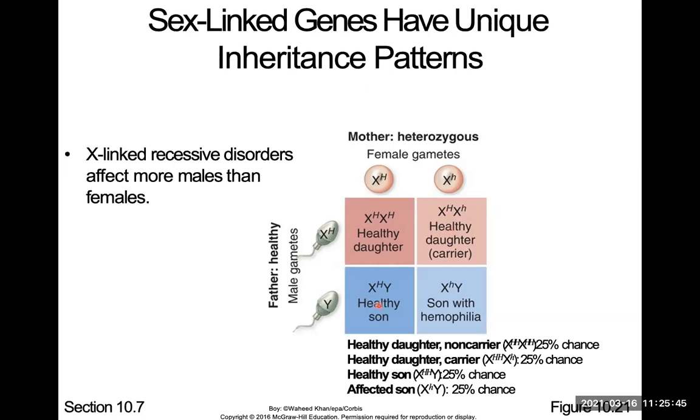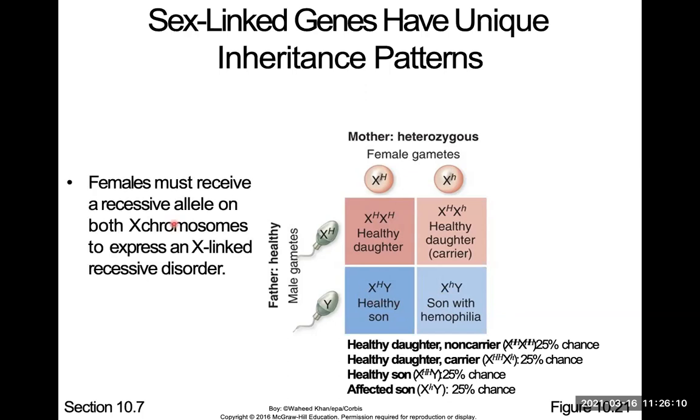Here, you have a 25% chance the son is going to be healthy, and 25% the son is going to be sick. When I say 25, I'm comparing all daughters and sons. Sometimes if the question is asking what the chances are that the son is going to be sick, then you're just looking at the sons, and it's 50% for each.